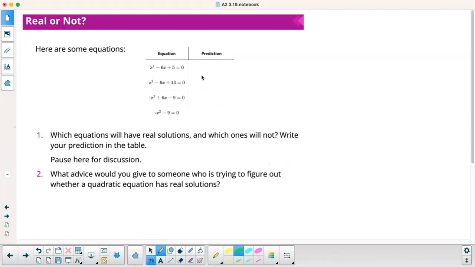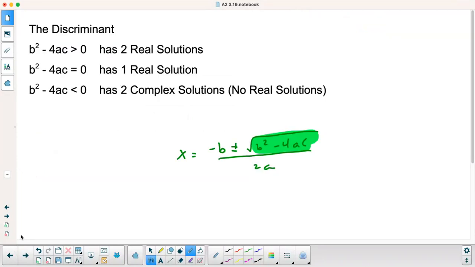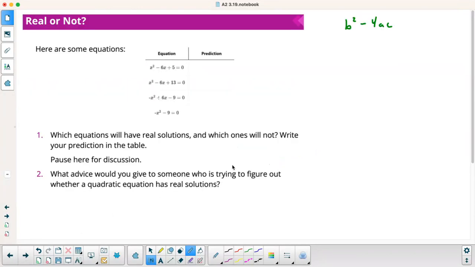All right, so here are some equations. We're going to predict which ones will have real solutions and which ones will not. Now we're going to use our discriminant, b squared minus 4ac, and use this info from the last slide. So hopefully you wrote that down.